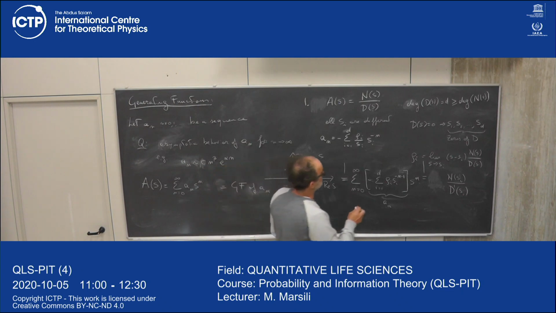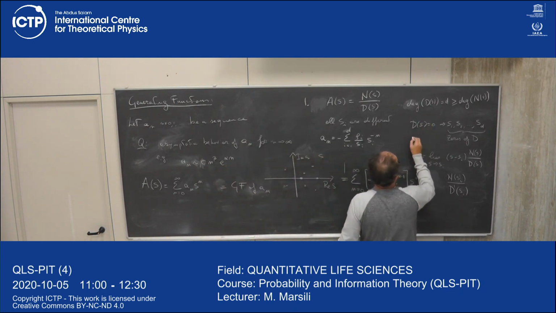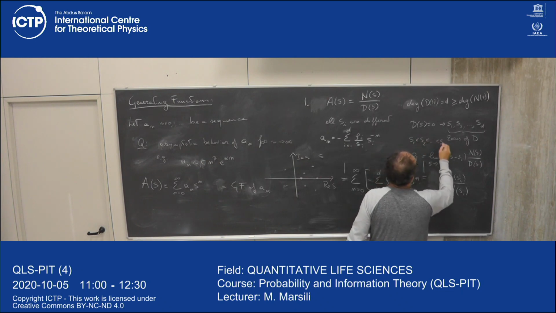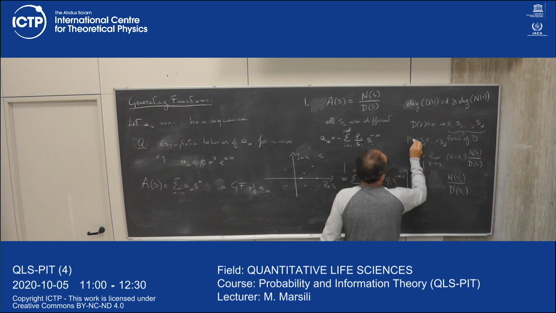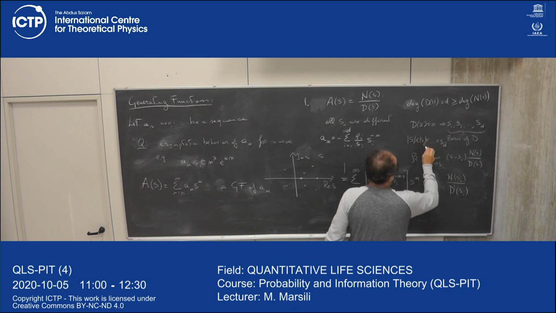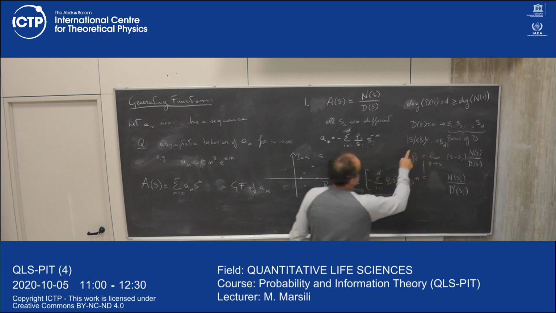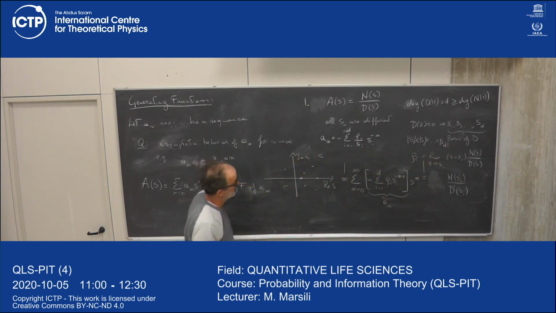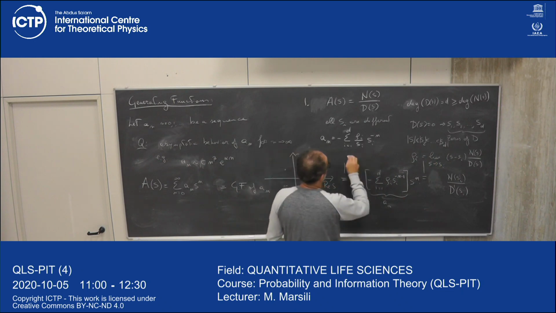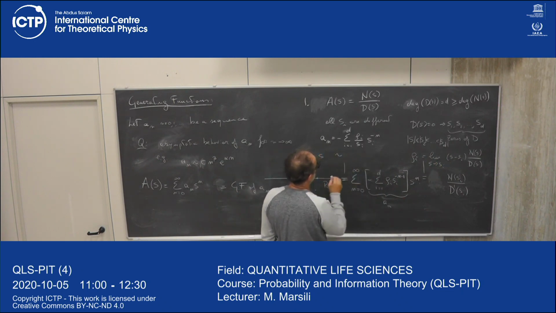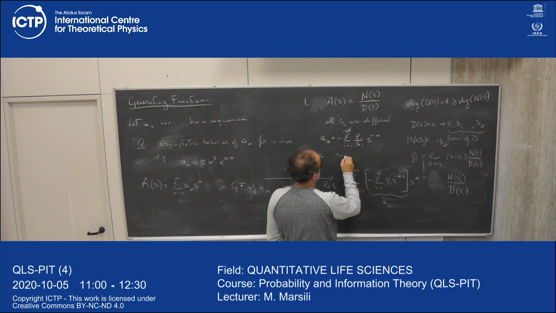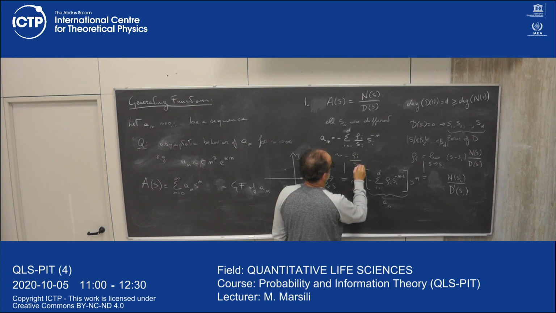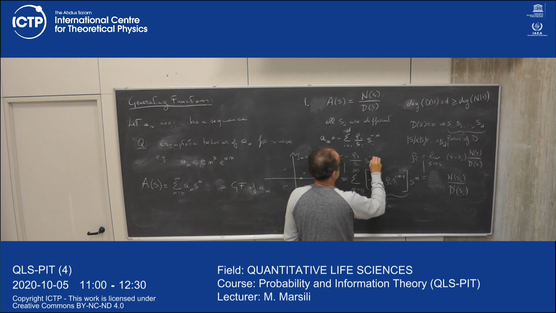So if we assume for simplicity that, say, the modulus of S1 is less than S2, etc., so that S1 is the closest to the origin, then from this you see that the asymptotic behavior is given by the root which is closest to the origin: rho 1 divided by S1 times S1 to the minus n.